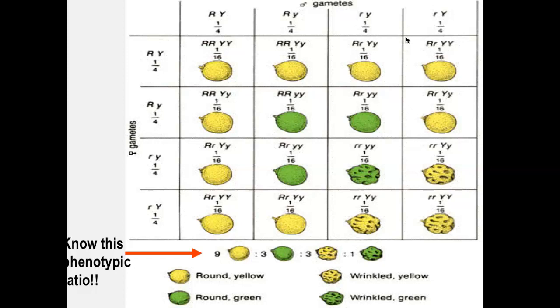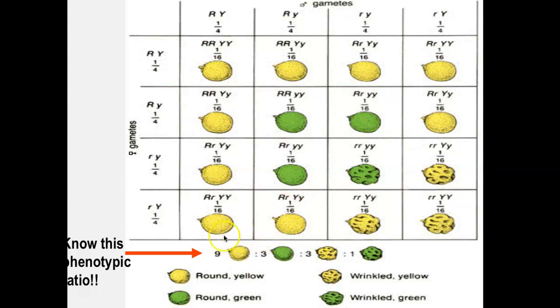The only thing you need to know or memorize for this is that a dihybrid cross, which is our hybrid parents for 2 of our characters, is going to have a phenotypic ratio of 9 to 3 to 3 to 1. That means if you always have 2 parents that are heterozygous for both of those traits, the 9 stands for 9 of the 16 possible offspring. Remember, this is a ratio, right?